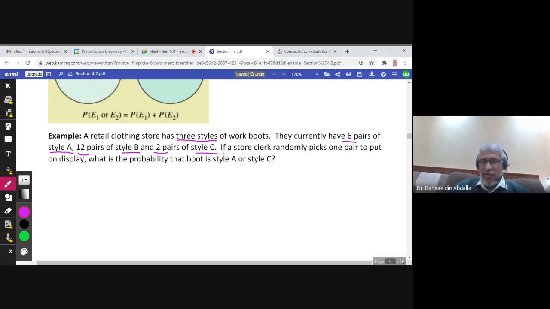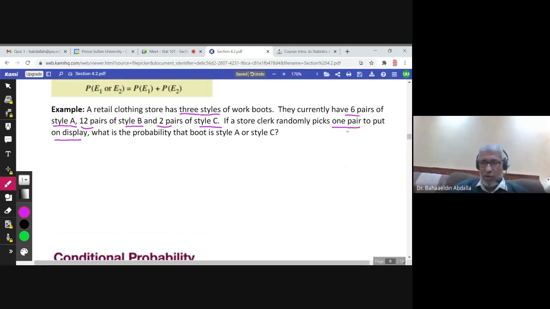If a store clerk randomly picks one pair to put on display, what is the probability that the boot is style A or style C? So this pair which you are going to select, what's the probability that it's from style A or style C?